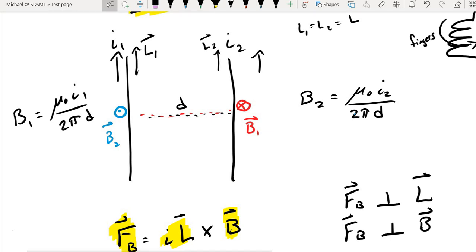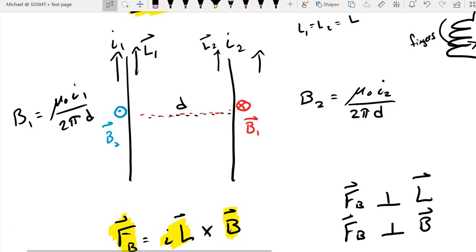So you may need to rotate your wrist so that you can point your middle finger out of the screen towards you, keeping your index finger pointing up.